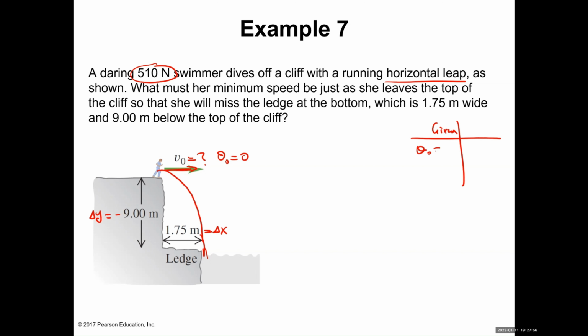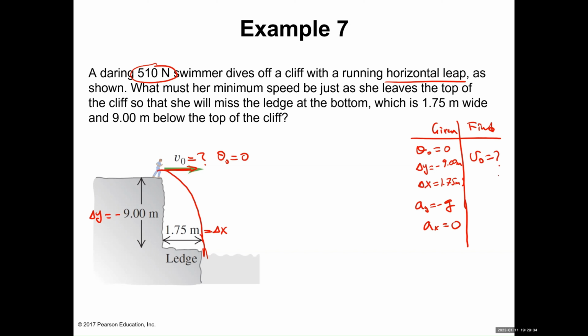Theta initial is 0, delta y is negative 9 meters, delta x is 1.75 meters. And it seems like nothing else, but remember, it's a projectile problem. That means ay equals negative g, and ax equals 0. Those are the given fixed information. What we want to find is this initial velocity.